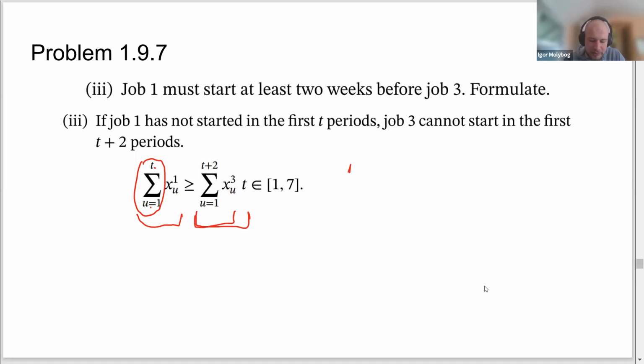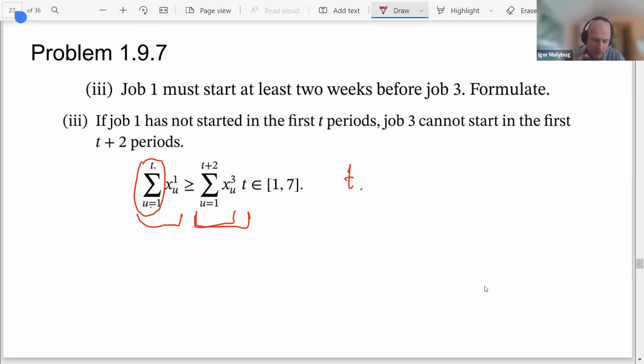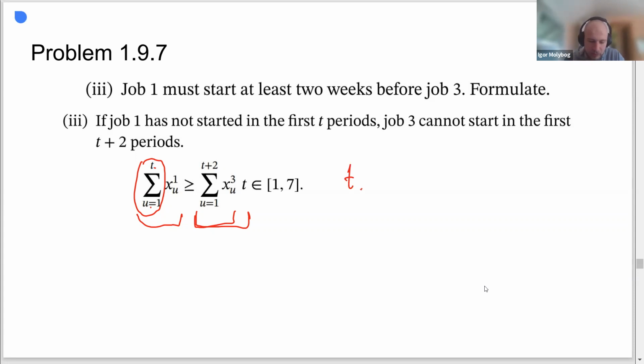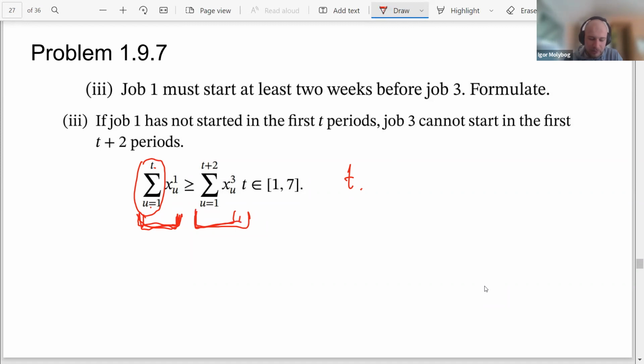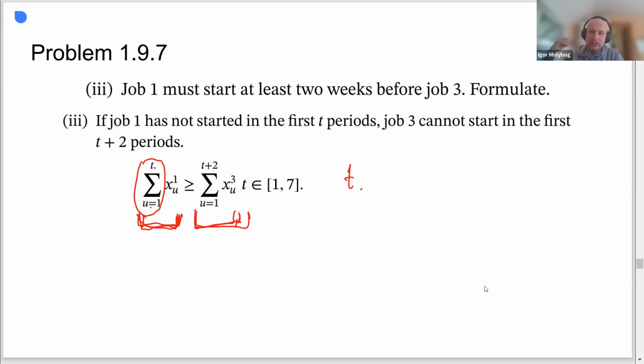So look, we are sitting in a period time T. We imagine ourselves in the period time T. Our constraint is telling us that job 1 must start at least 2 weeks before job 3. Let me put it this way: if job 1 has not started yet, then job 3 cannot be started yet, and it will not be able to start itself until the time period T plus 2.